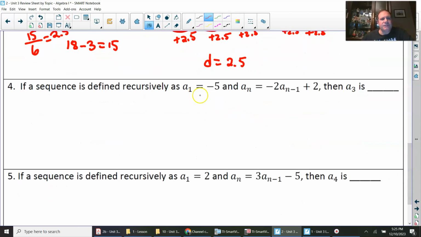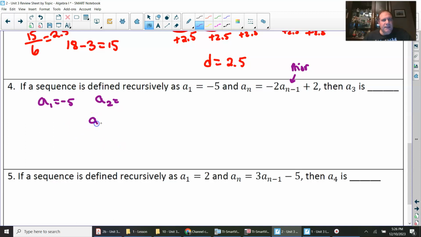Okay, so a sequence is defined recursively as a sub 1 equals negative 5. A sub n is negative 2 times the prior term, plus 2. So I'm going to start here. This is a sub 1 equals negative 5. Here's a sub 2, and we don't know what that is.